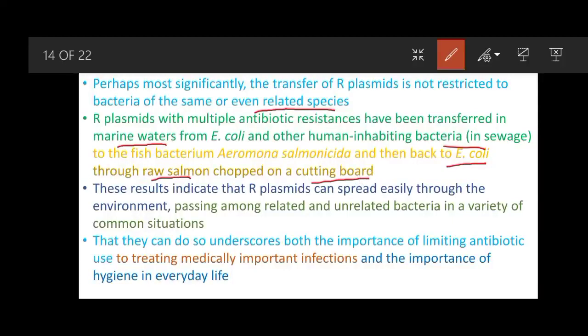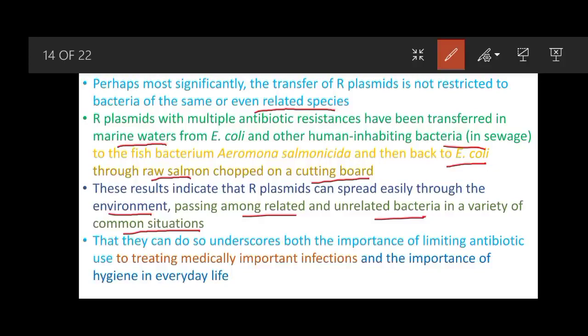So, all these are the natural ways of transferring antibiotic resistance genes from one bacterial species to the other. These results indicate that the R plasmids can spread easily through the environment, passing among related and unrelated bacteria in a variety of common situations.